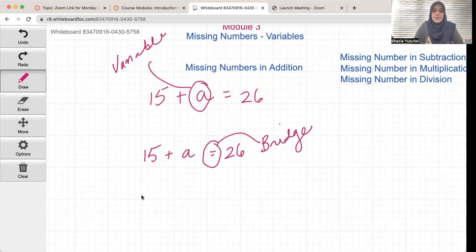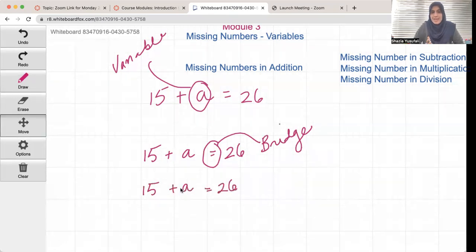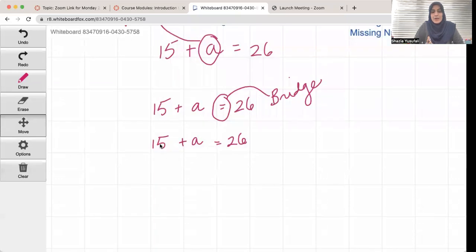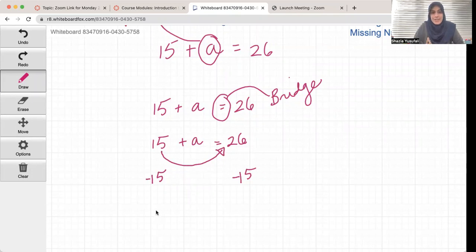So this is what I would do. I would say 15 plus A equals 26. And then to cross this bridge, 15 to here, I would subtract 15 here, and I would subtract 15 here, right? Because I've crossed the bridge. So 15 is an addition at the moment. It'll be a subtraction.